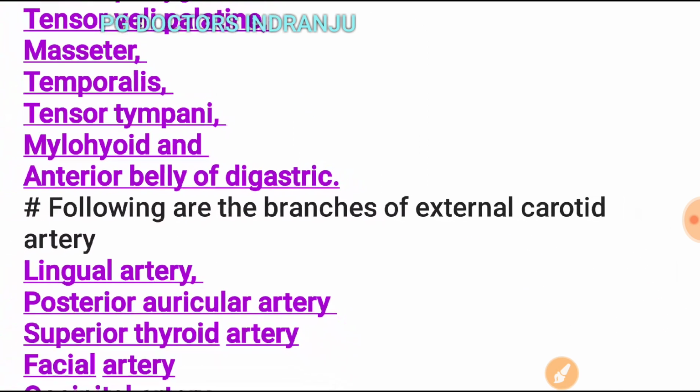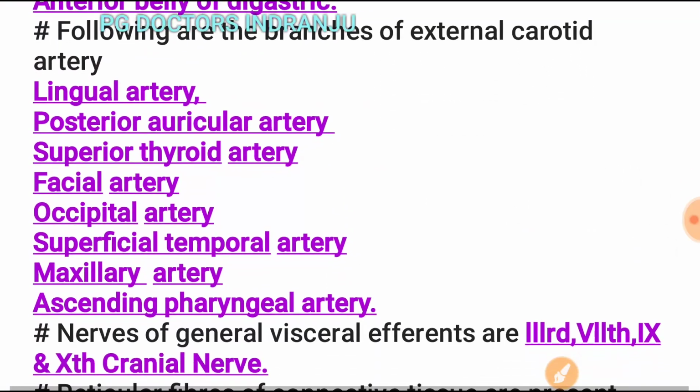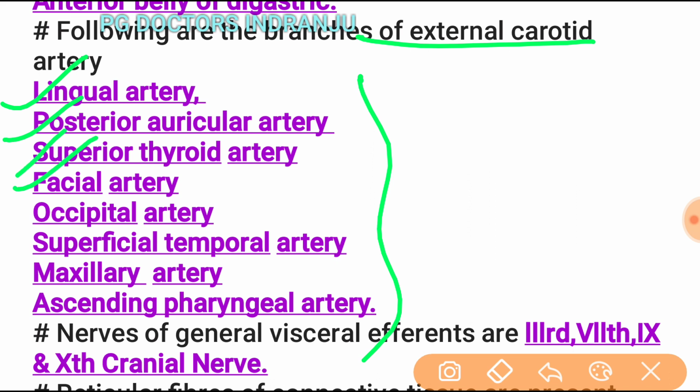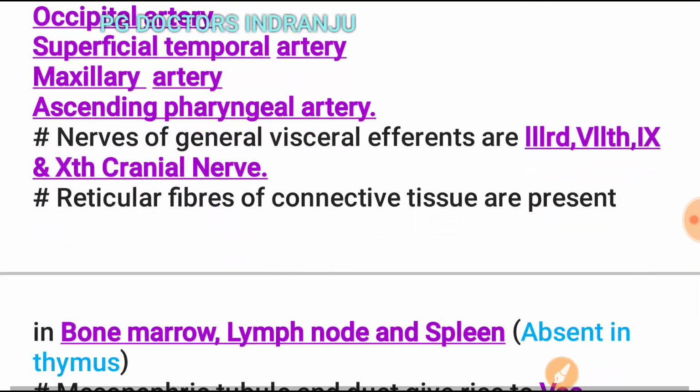Next, the following are the branches of the external carotid artery. You have to remember the whole branches: lingual artery, posterior auricular artery, superior thyroid artery, facial artery, occipital artery, superficial temporal artery, maxillary artery, and ascending pharyngeal artery.